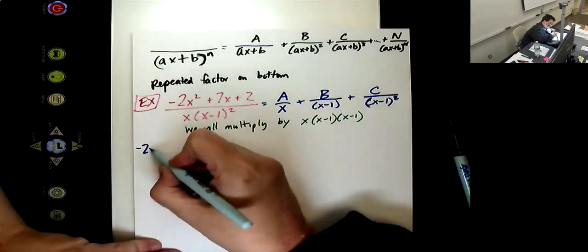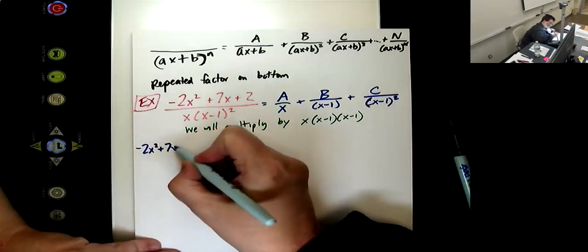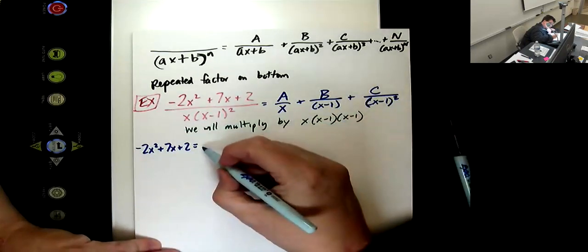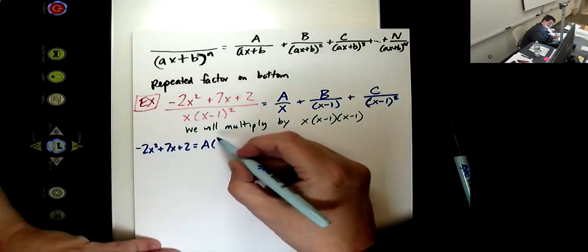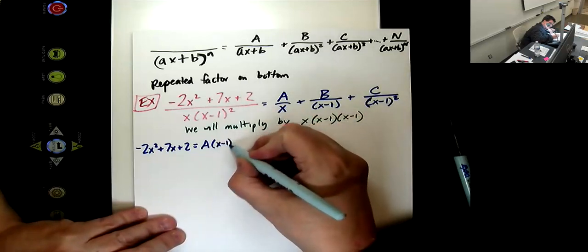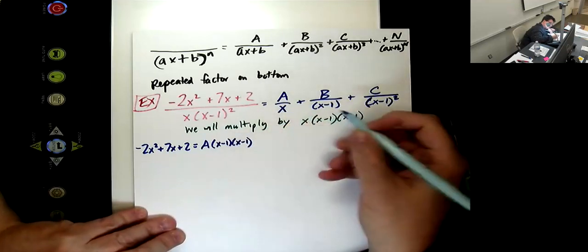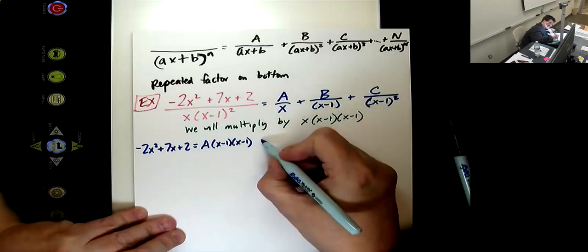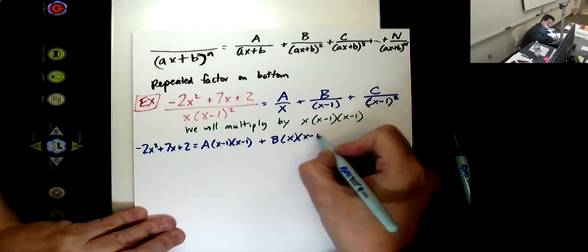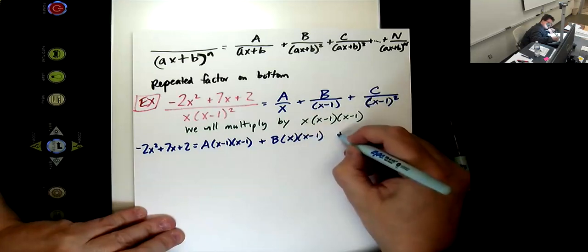If I do that, the left side just has the denominator wiped out. Here I have A times x minus one times x minus one, plus B times x minus one, and plus C times x.